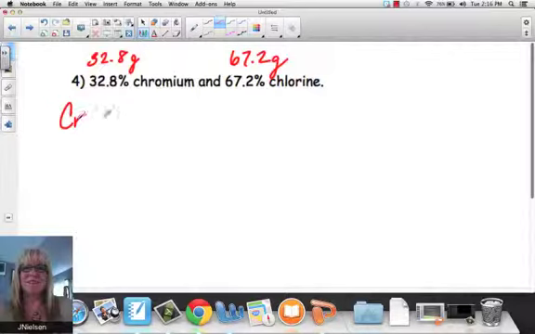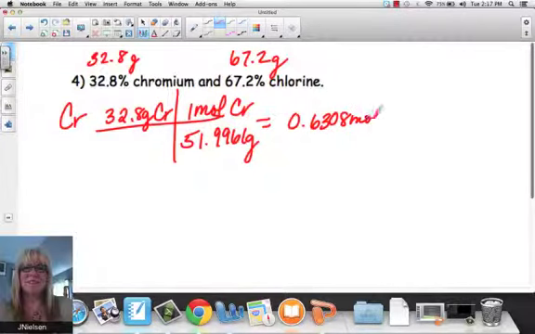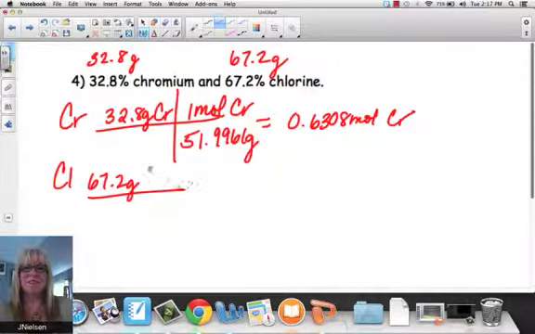So we'll start with chromium, 32.8 grams of chromium, and we know that 1 mole of chromium has a gram formula mass of 51.9961 grams, and that's going to give me 0.6308 moles of chromium.